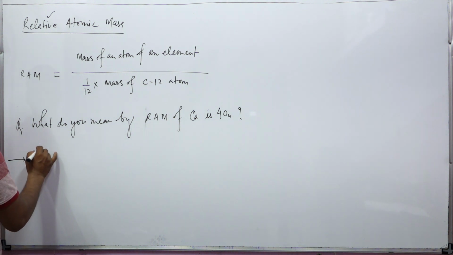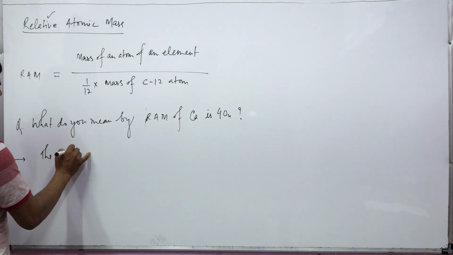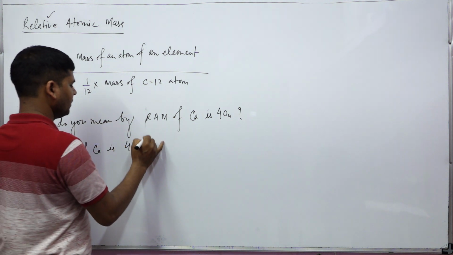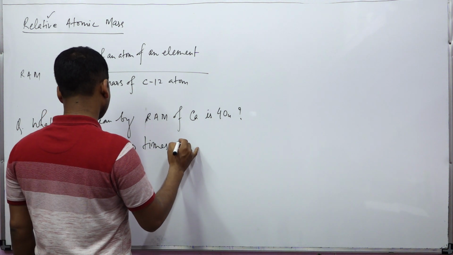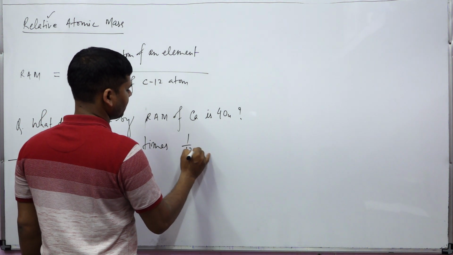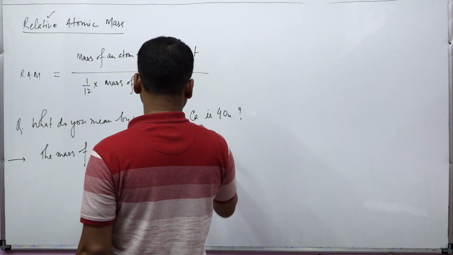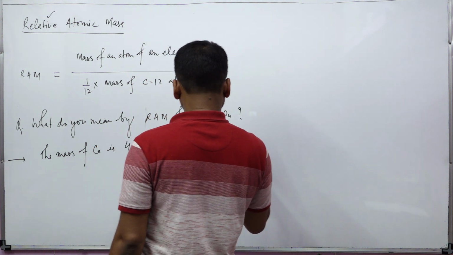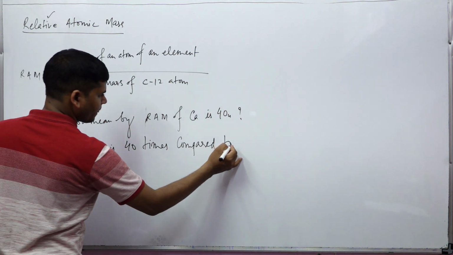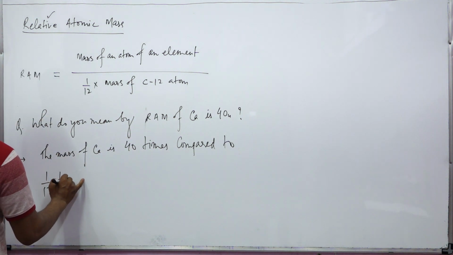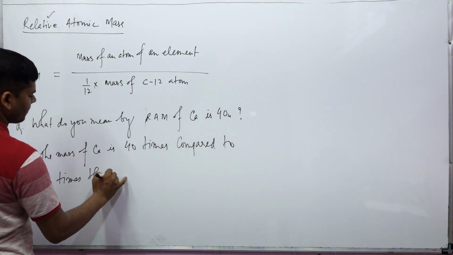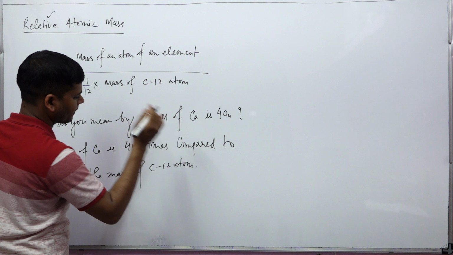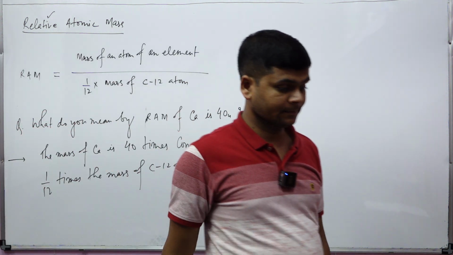It means that the mass of calcium is 40 times 1/12 times the mass of a C12 atom. This is what we understand.